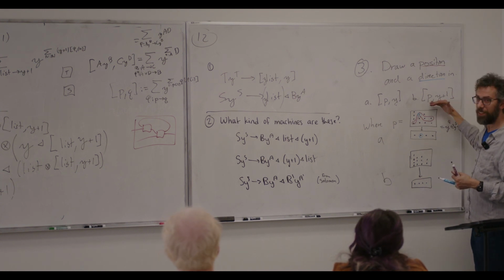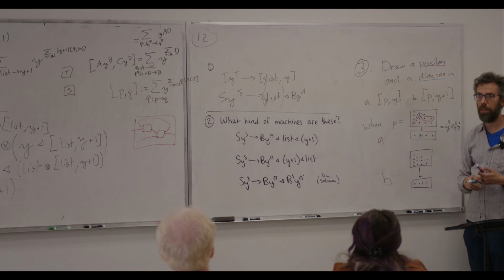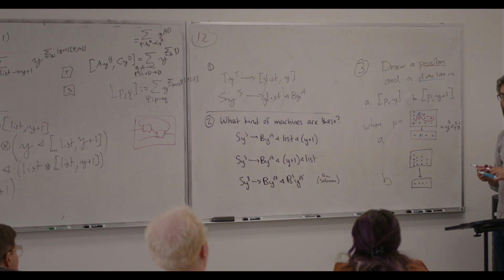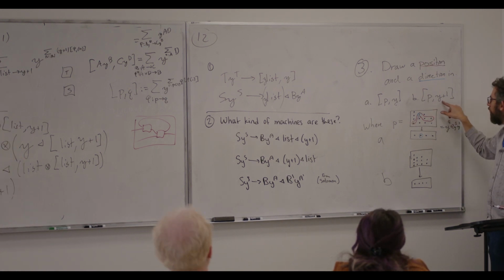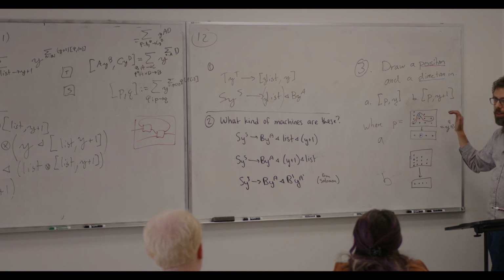Okay, so now I want a position of this thing. What is a position of this thing? Is this too much? Are we going too fast? Okay. A position of this is, for every position of P, a position of y plus 1. And if I chose this one, a direction back there. Right.